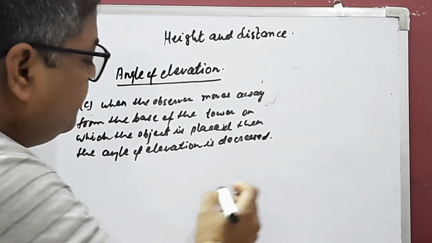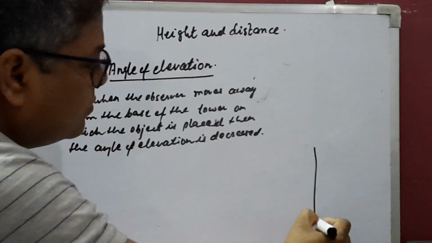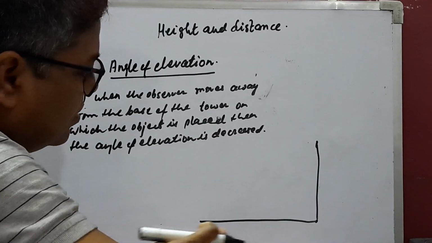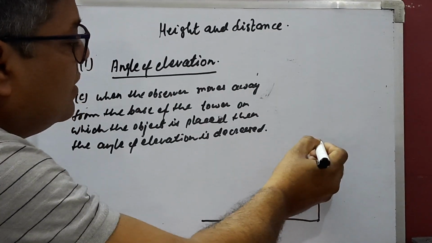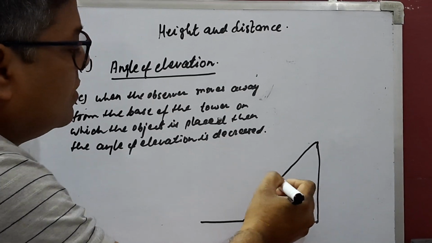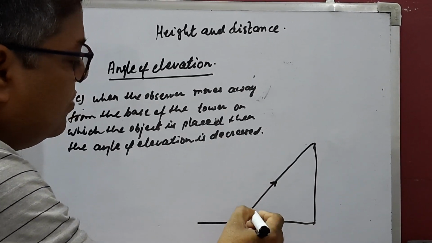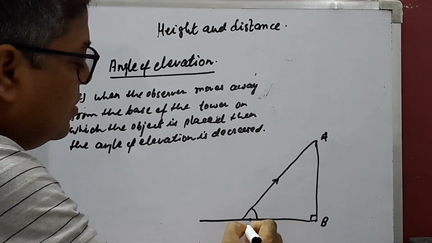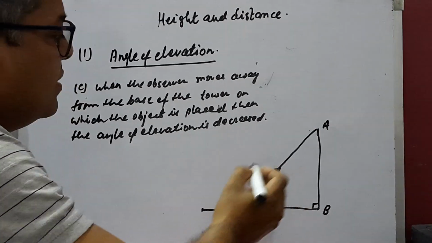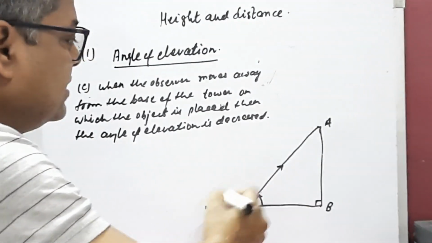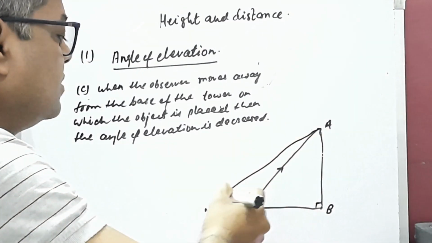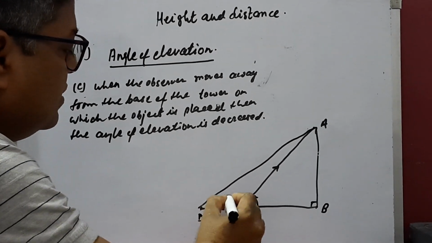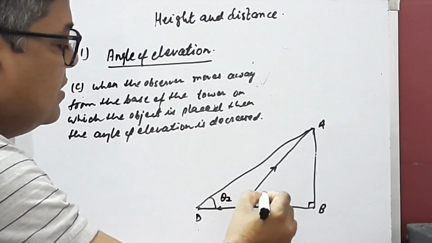For example, this is a horizontal line and this is the first position of the observer, and now the second angle of elevation is this, and this is D. This is theta 2, this is theta 1.